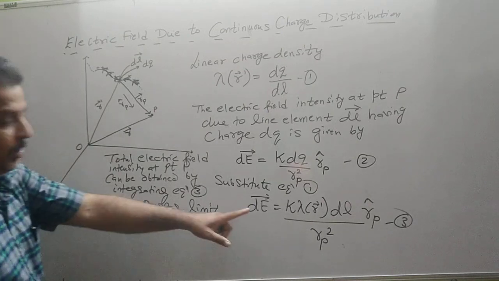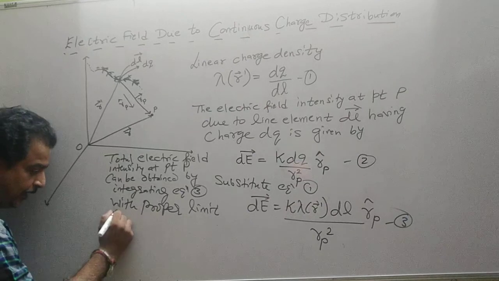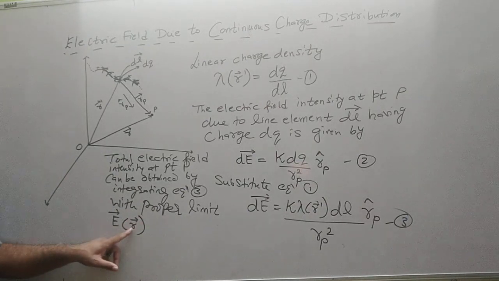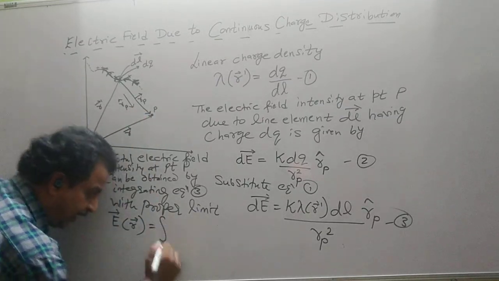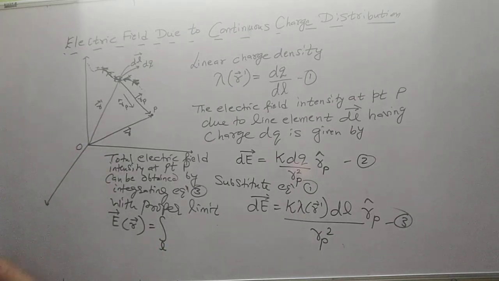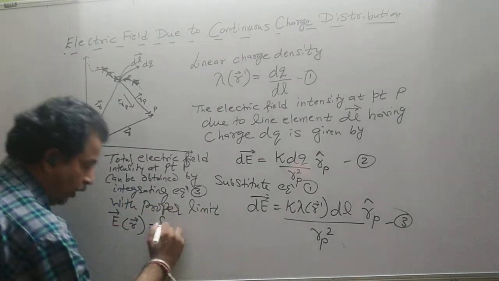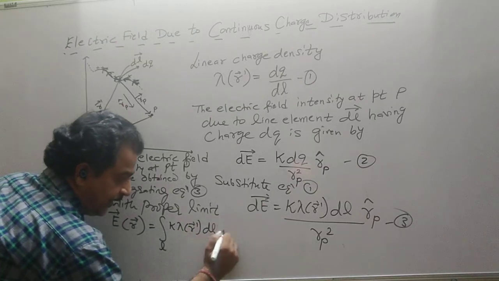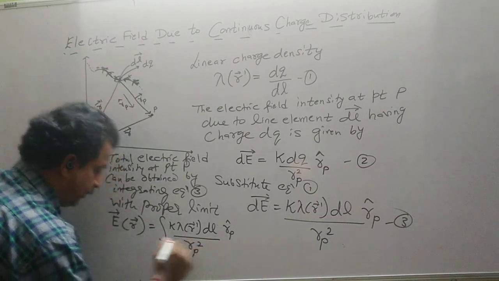So equation 3 can be written as electric field intensity at point P, which is a function of r vector which gives the position of point P, equal to the integration, I write here L, which will be read as the line integration, of K lambda r dash dl rp cap upon rp square.